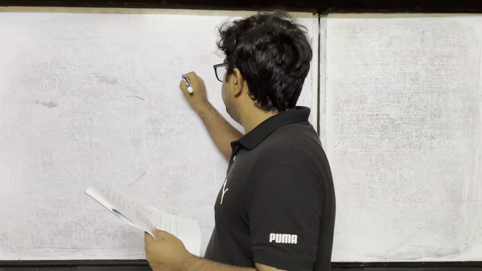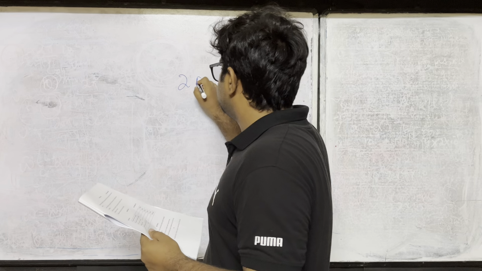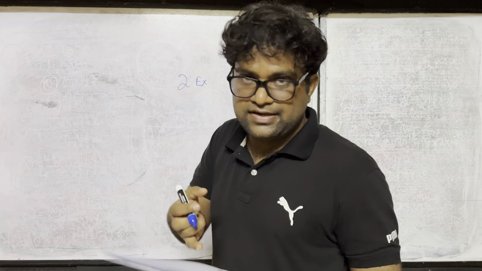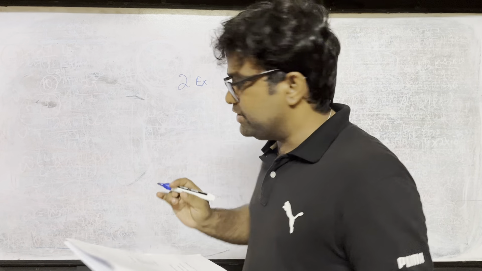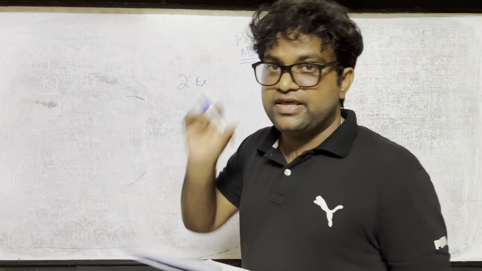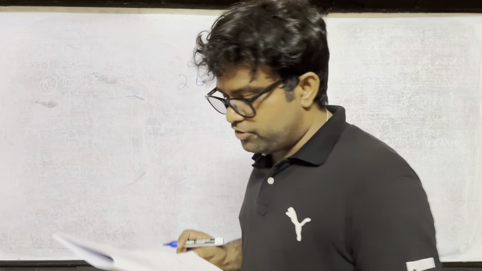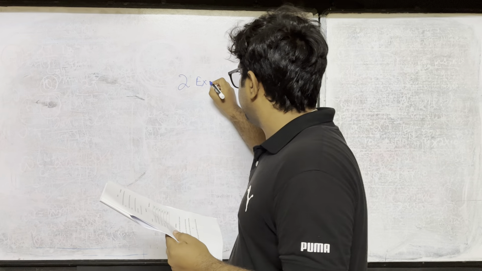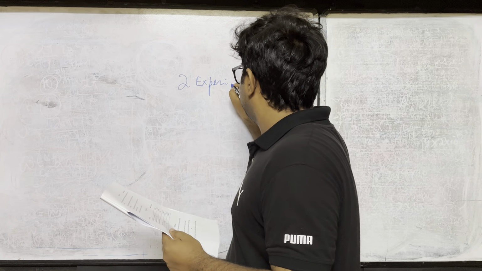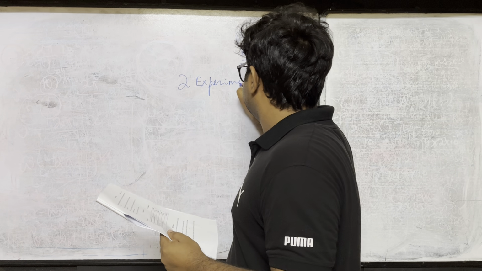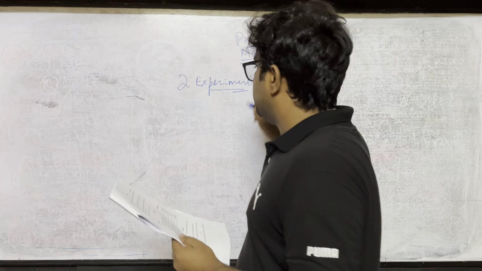2 experiments you have to do. How many experiments are listed, and how many experiments minimum you should write in your notebook, I'll explain everything. So 2 experiments and 7 marks each.